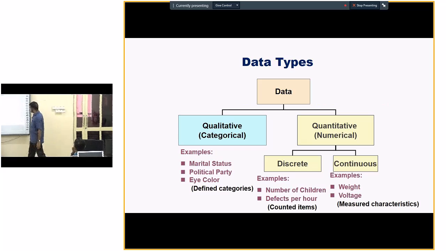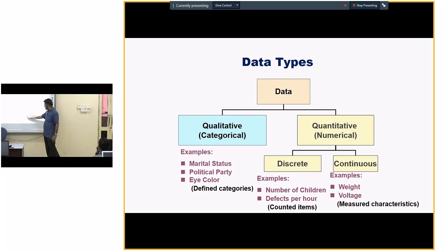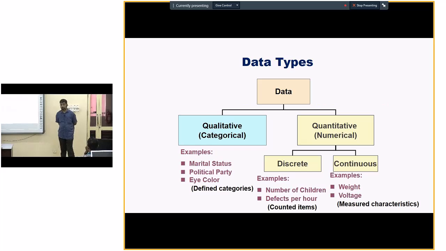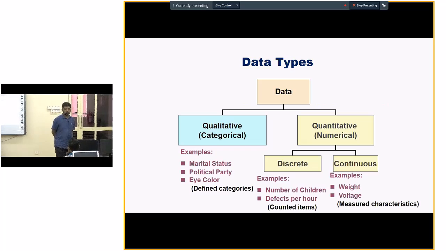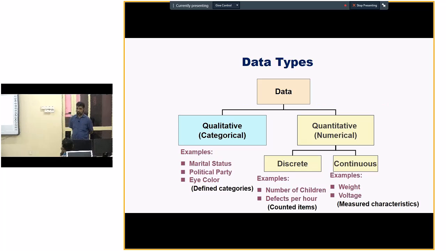Then quantitative data, yes, discrete variable: number of children and number of defective items per hour, likewise we can take this. Then continuous data: income, expenditure, height, weight, all quantitative data you can put under that category.